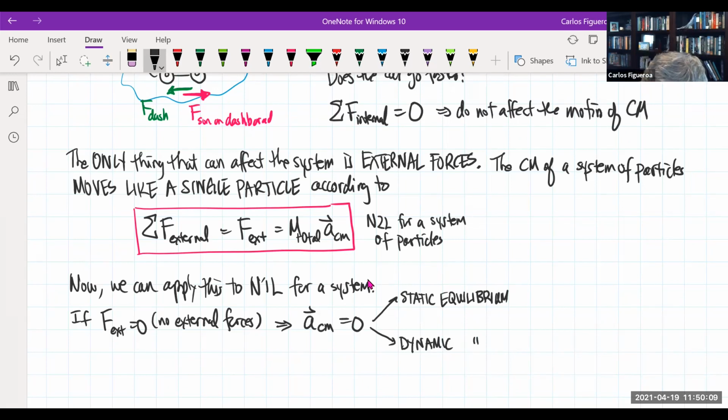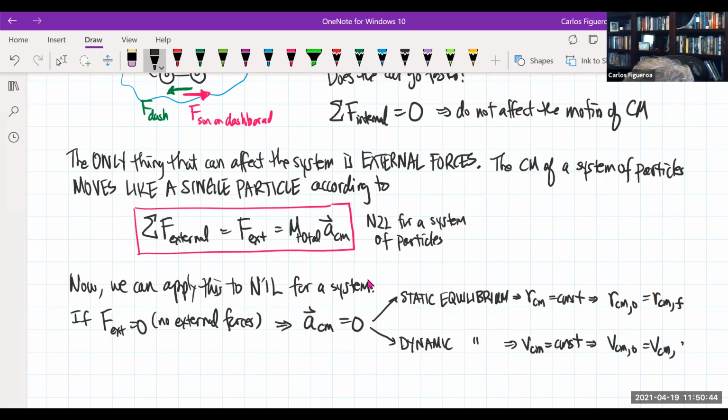And what we mean by this is that the center of mass location must be a constant, that the velocity of the center of mass must be a constant. So this means that the center of mass location initially must equal the center of mass location in its final state. The velocity of the center of mass initially must be the same as the center of mass finally.